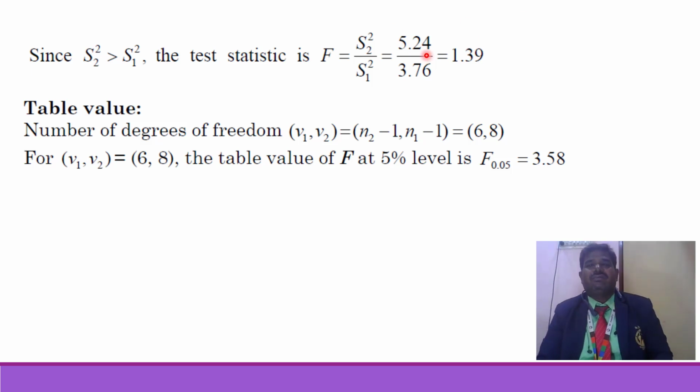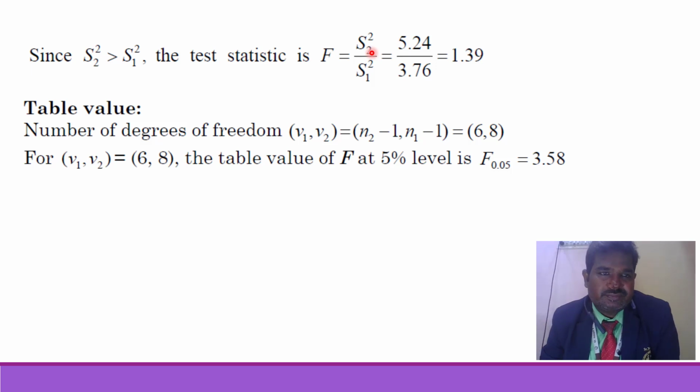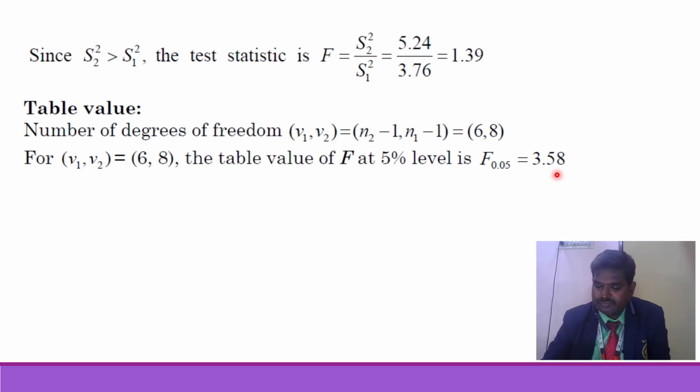The greater value is S2 square. So the degrees of freedom, mu1 comma mu2: the greater variance is S2 square, right? So n2 minus 1 comma n1 minus 1, that is 6 comma 8. For 6 comma 8 the table value is 3.58.